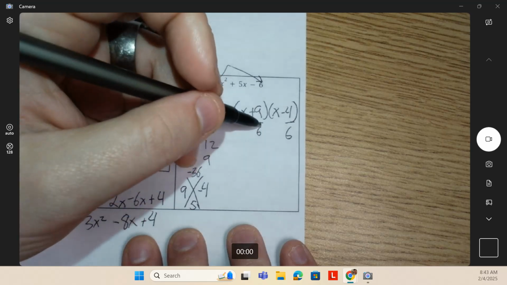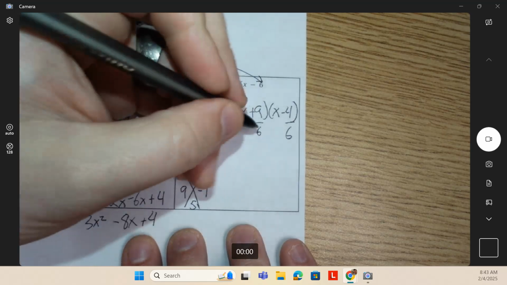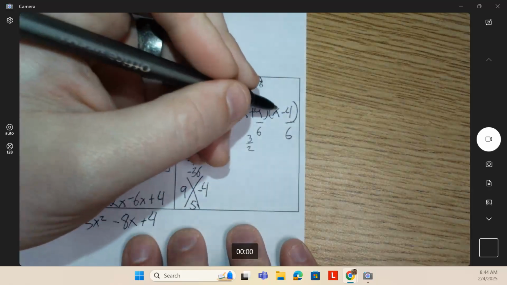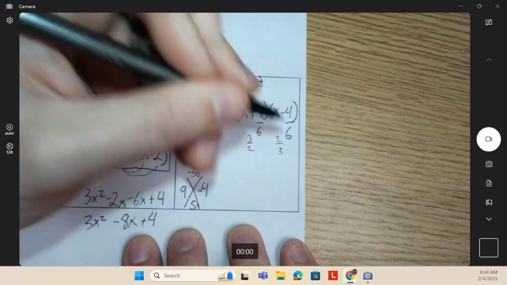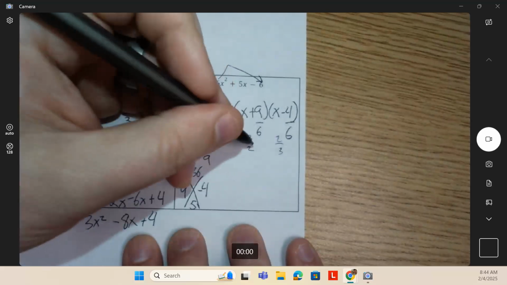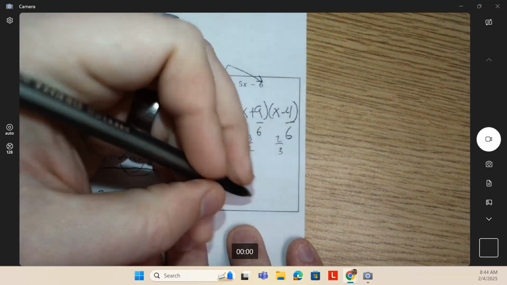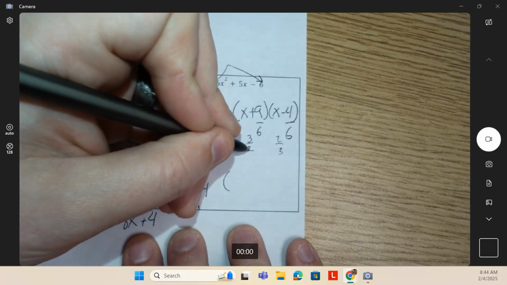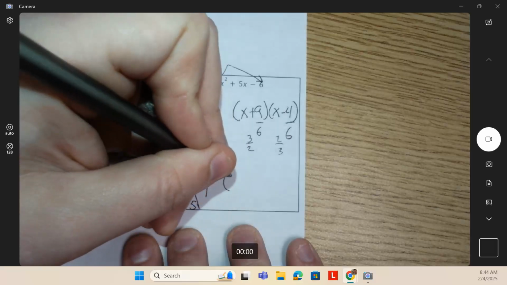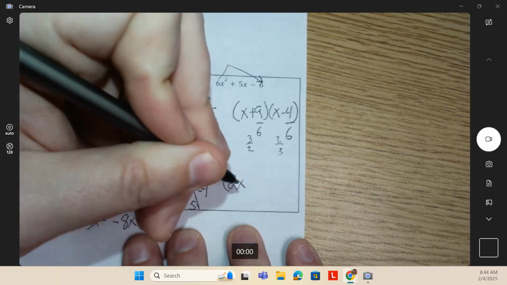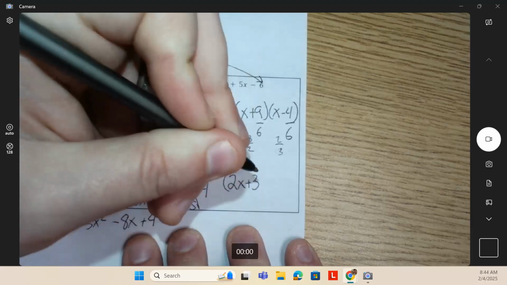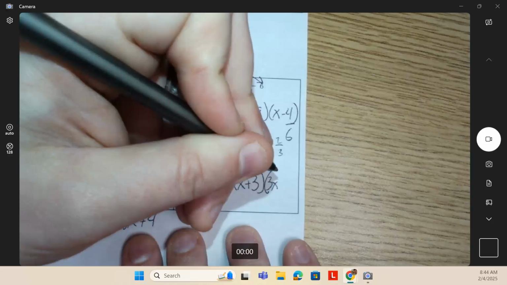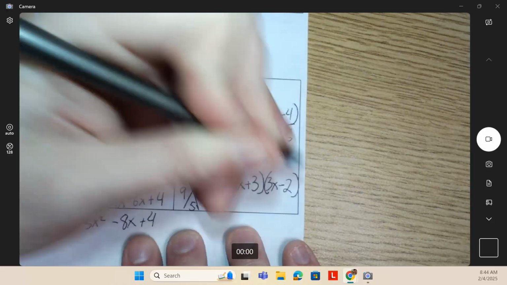So 9 over 6 becomes 3 over 2. 4 over 6 becomes 2 over 3. And so the numerator will stay up there, and the denominator will slide up front. So that will become a 2x plus 3 and a 3x minus 2.